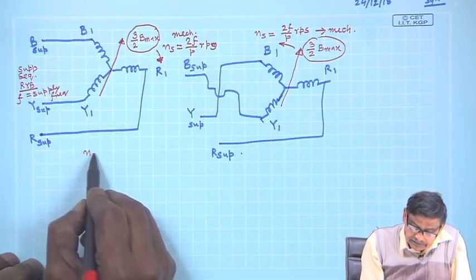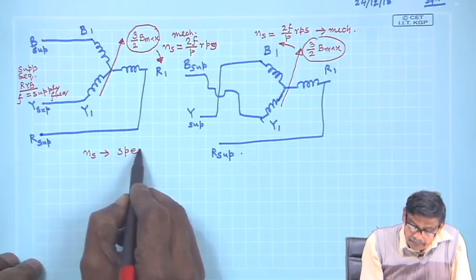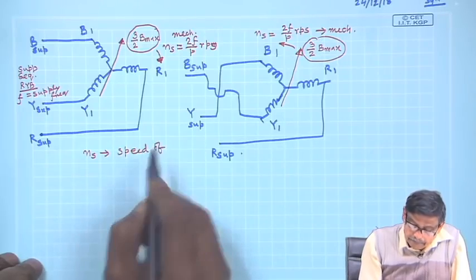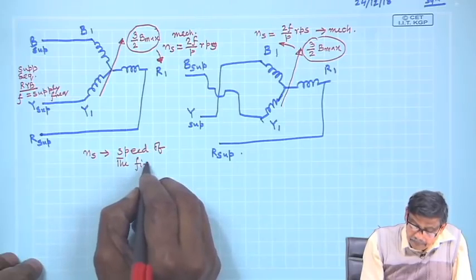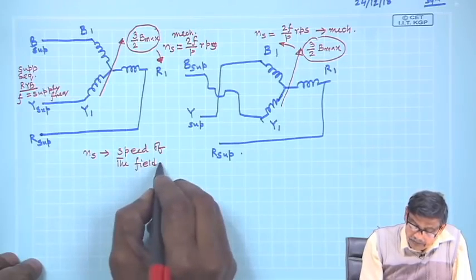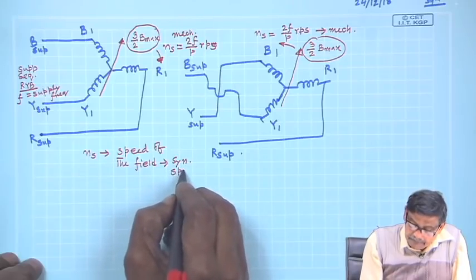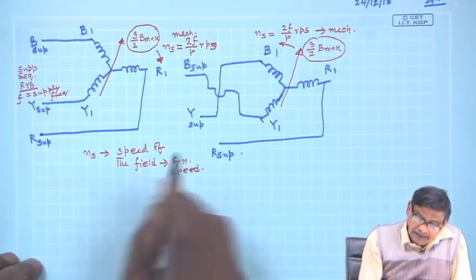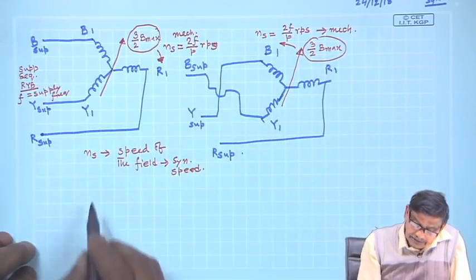So, Ns is the speed of the field, called synchronous speed. Clear?